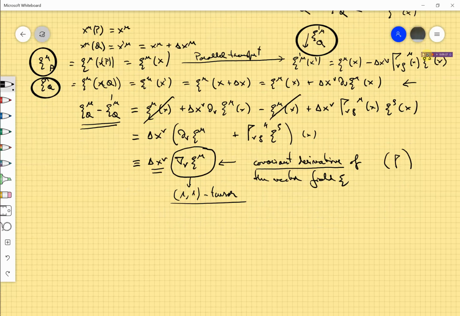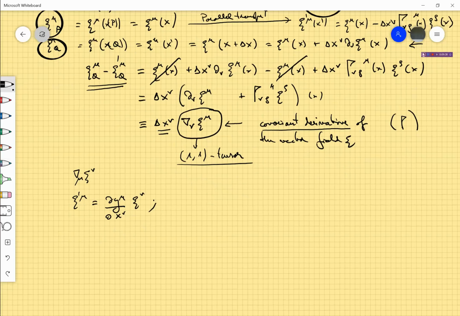We want to study the transformation of nabla mu psi nu, and remember that under general coordinate transformations, the components of a contravariant vector transform in this way. As for the partial derivative, if we add a prime just to indicate that this is the partial derivative with respect to the new coordinates y nu, they transform in this way.